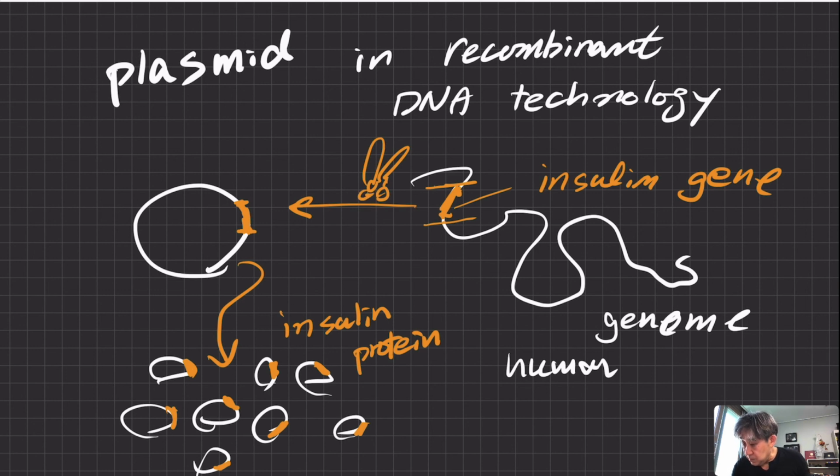Luckily, you have specific restriction enzymes that can cut either end of this DNA. It's just a matter of finding a suitable restriction enzyme that targets a very specific DNA sequence and then cutting it out. And you can use the same restriction enzyme on this plasmid DNA. You cut it open and then paste your isolated DNA fragment together with the plasmid, and that's how you generate the so-called recombinant plasmid.